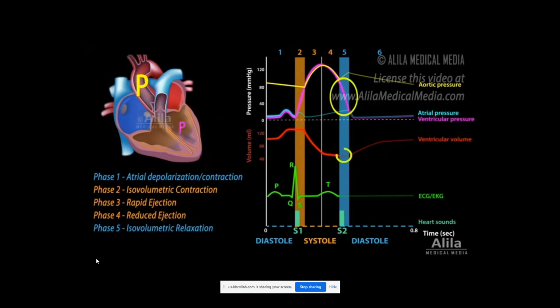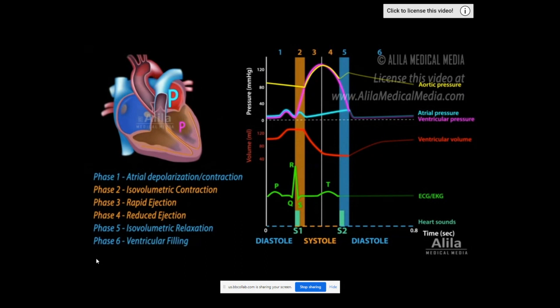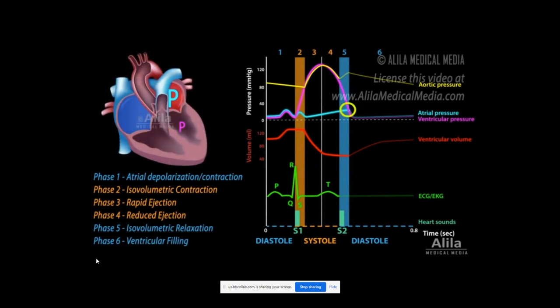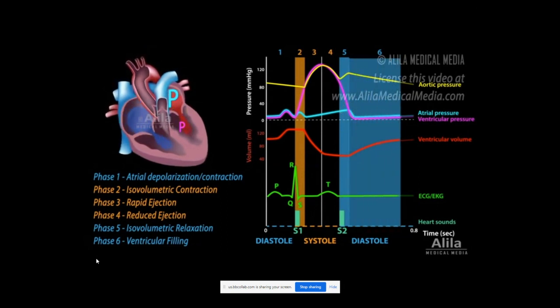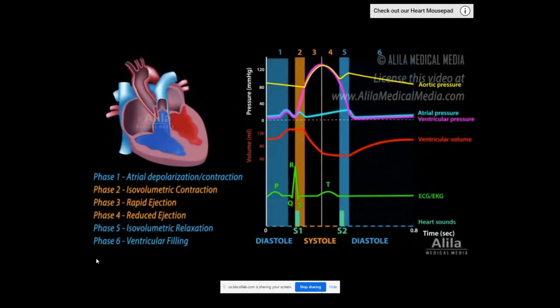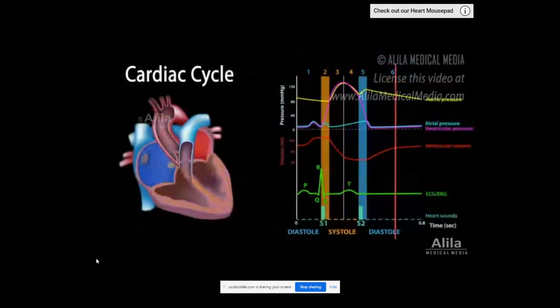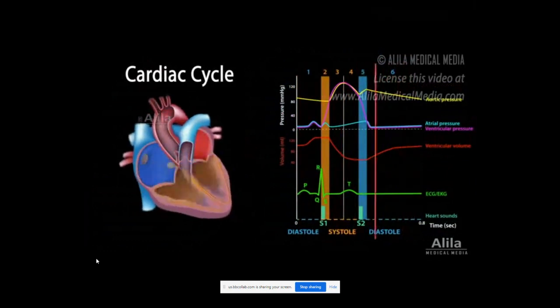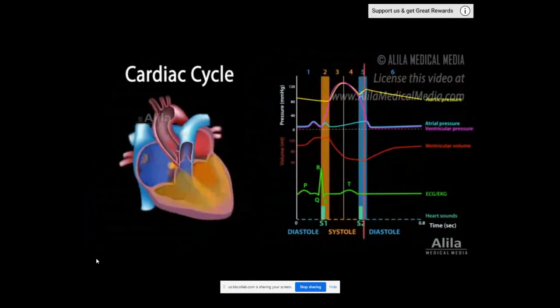Ventricular pressure drops rapidly, but their volumes remain unchanged. Meanwhile, the atria are being filled with blood, and atrial pressures rise slowly. Ventricular filling starts when ventricular pressures drop below atrial pressures, causing the AV valves to open, allowing blood to flow down into the ventricles passively. The atria contract to finish the filling phase, and the cycle repeats itself.